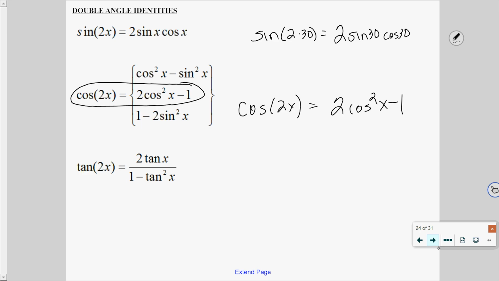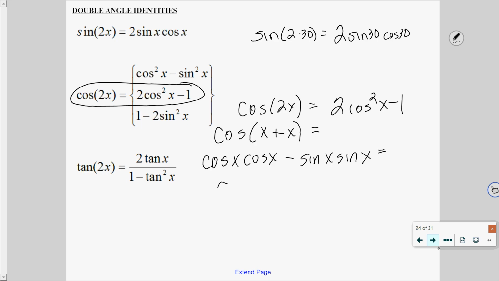I need to make these two match. On the left, I would do cosine of x plus x, then use the cosine sum rule: cosine, cosine, switch it, sine, sine.